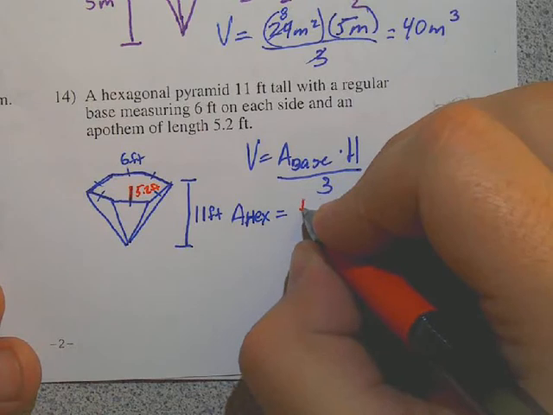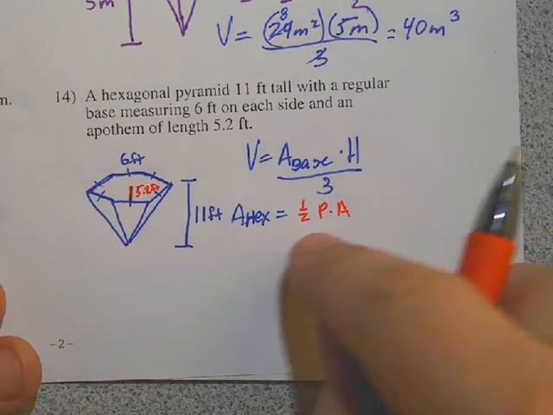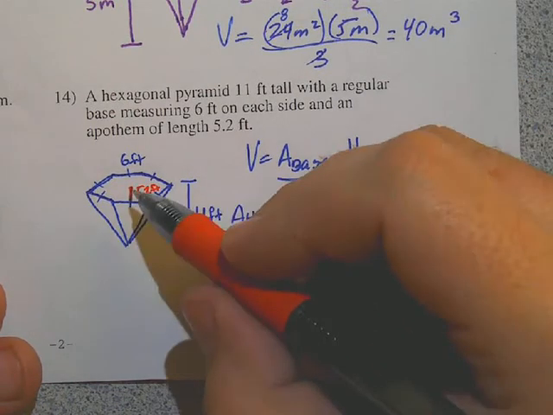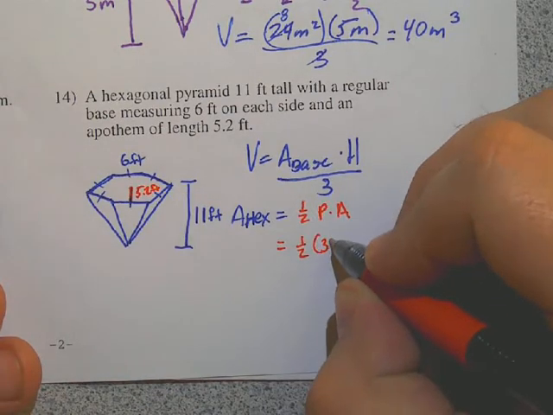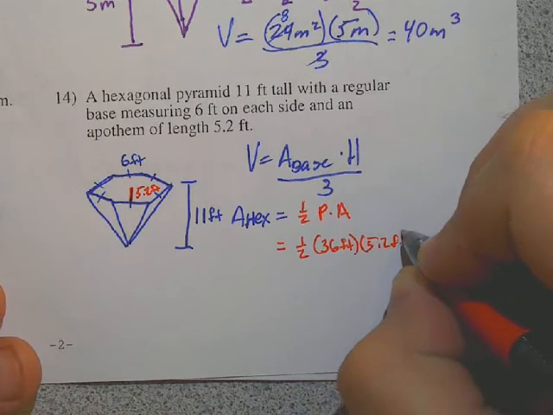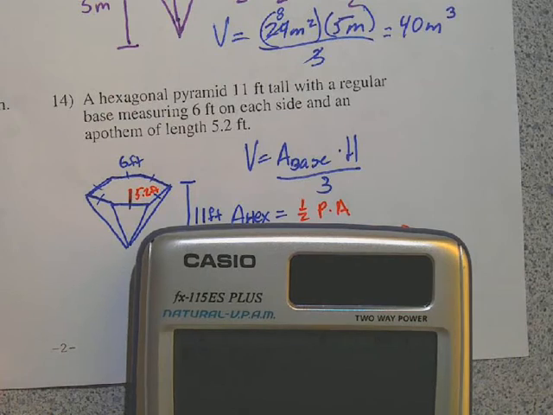The area of a hexagon equals that 1/2 perimeter times apothem formula. Okay, so 1/2 perimeter times apothem. So that's 1/2 the perimeter. This is a 6-sided shape with 6 feet, so that's going to be 36 feet times 5.2 feet.